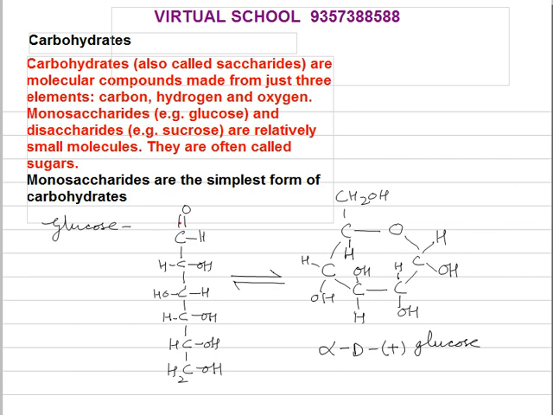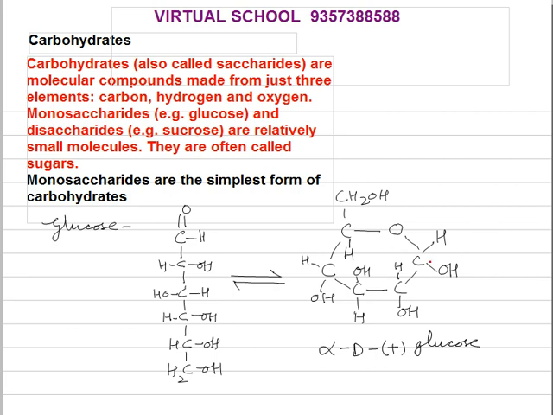If you see, this is a structure. In this case, aldehyde is the functional group, and besides aldehyde, there are five hydroxy groups attached. Now these are isomers basically. Here we find the cyclic glucose, alpha D glucose.